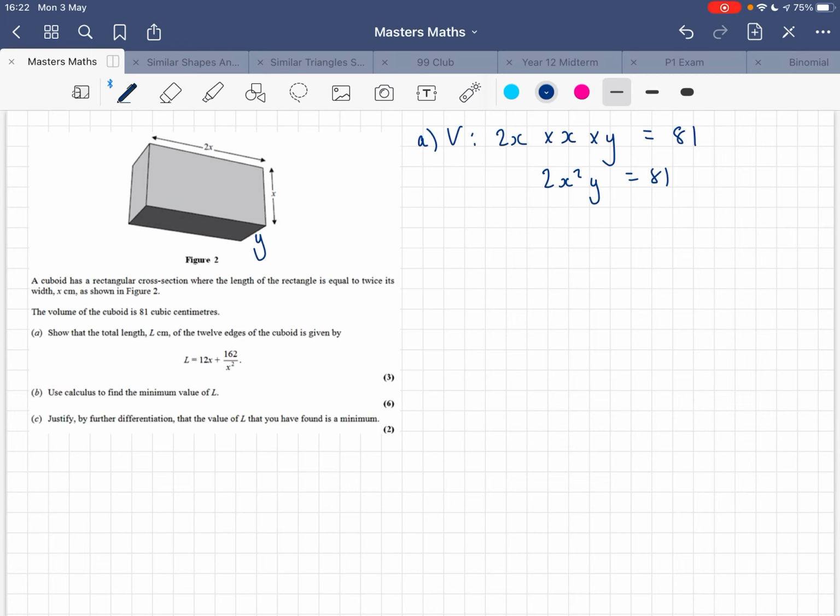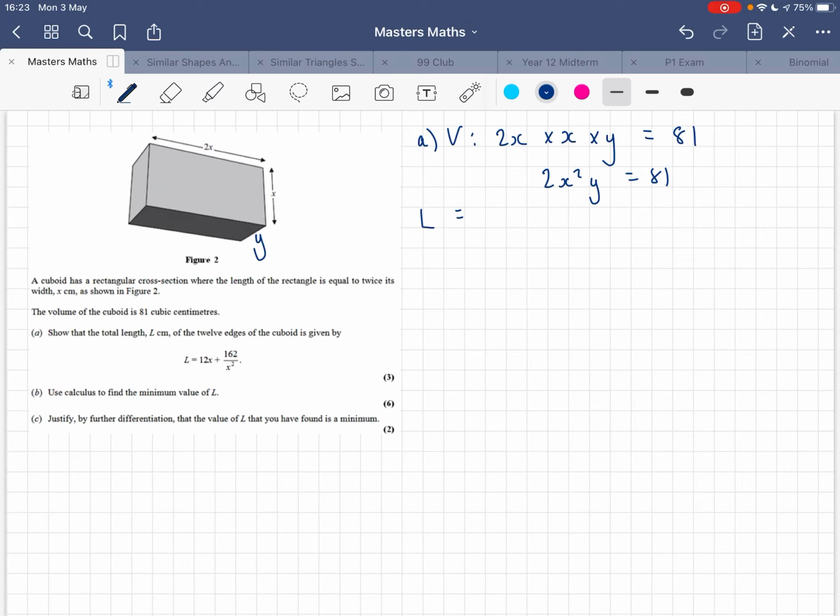But obviously the problem is that we've got an x and a y, and we only want to have x. The length is equal to all of the lengths added up.